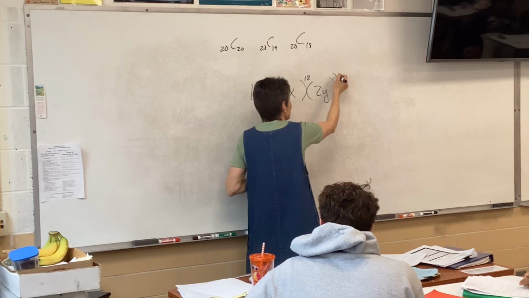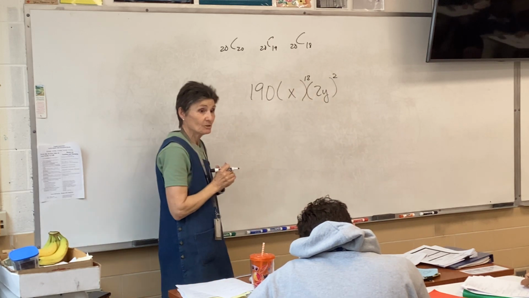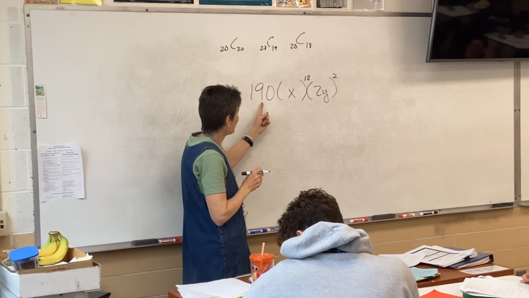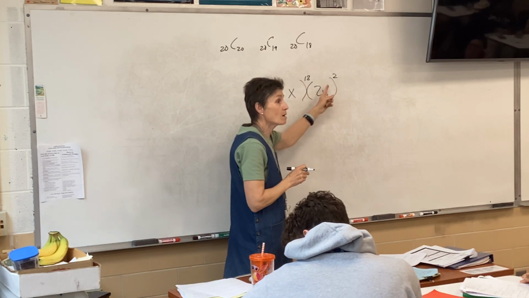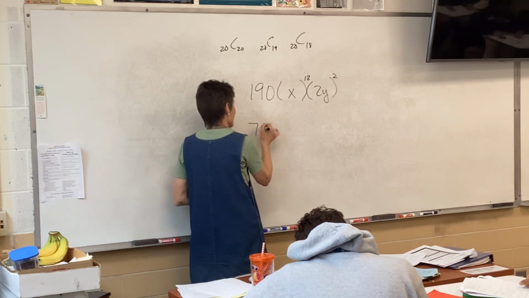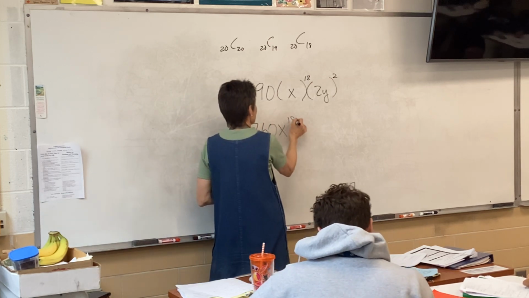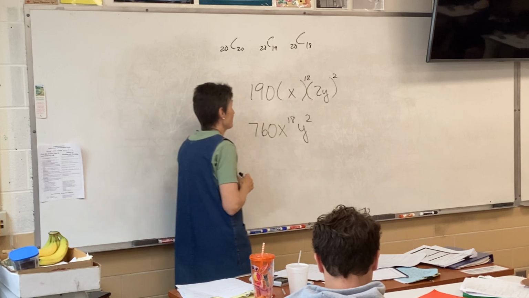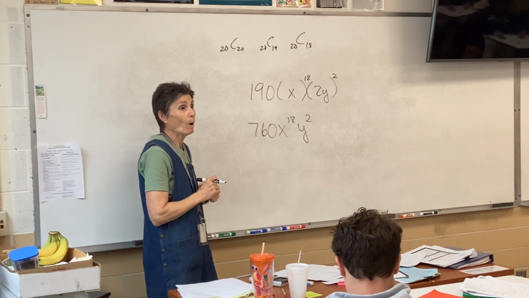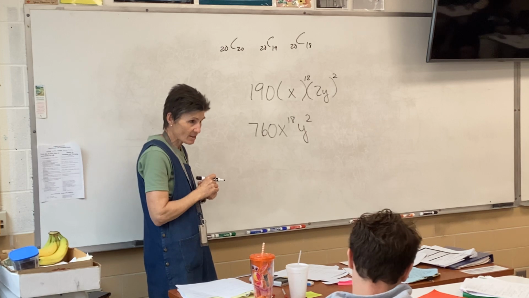And if that one's 18, that one is 2. So I'm going to take 190 times 4, which is 760, x to the 18 y squared, if I did my arithmetic right. Wow, how easy is that?